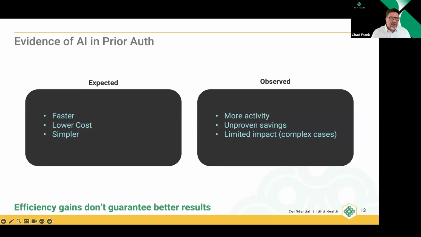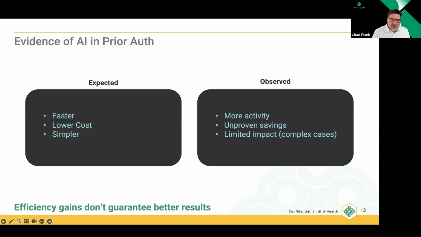The summary is that what a lot of people were expecting out of AI was faster, lower cost, and simpler. But some of the research and articles are pointing to increased case activity, unproven savings, and, in very complex cases, where a lot of the time in prior auth is spent, those complex cases that get pended and need a lot of review, limited impact.